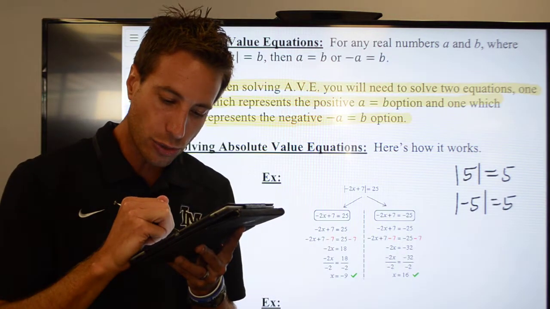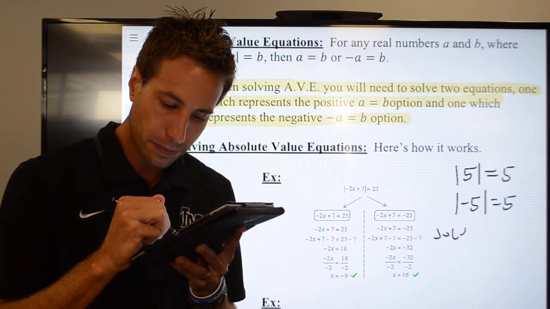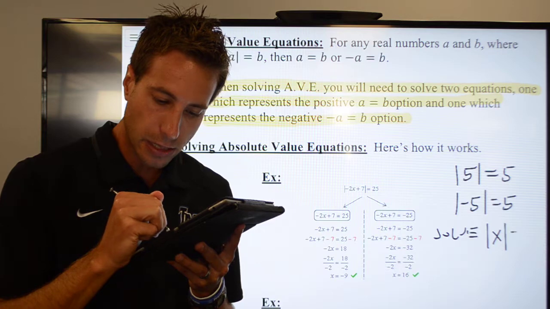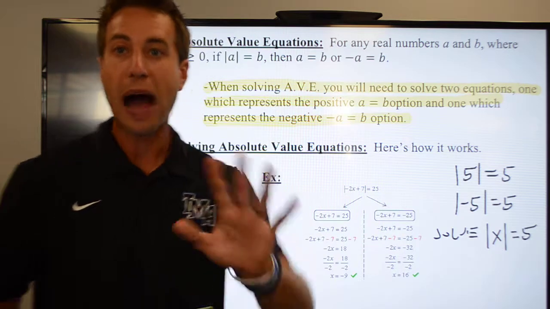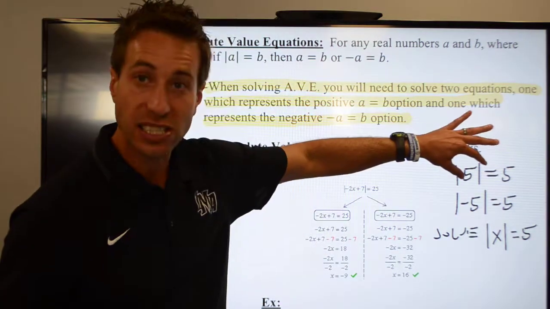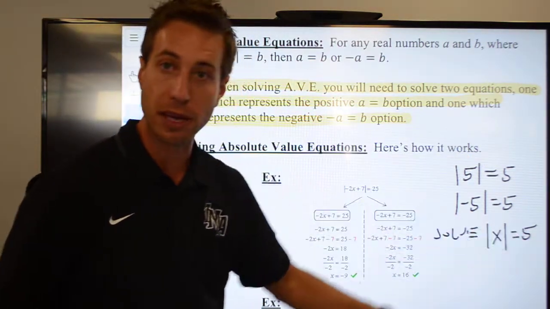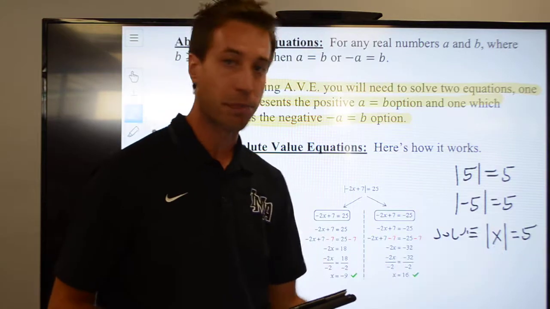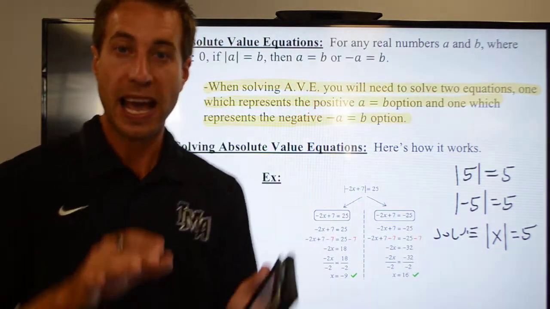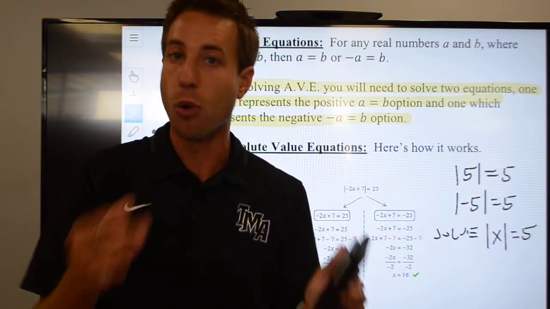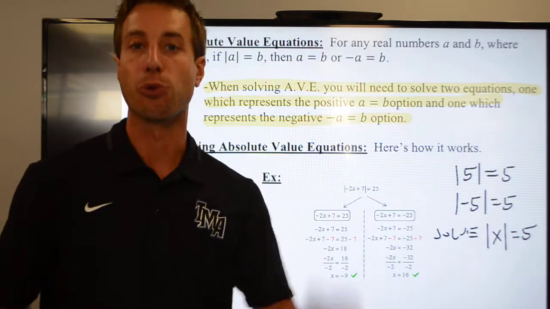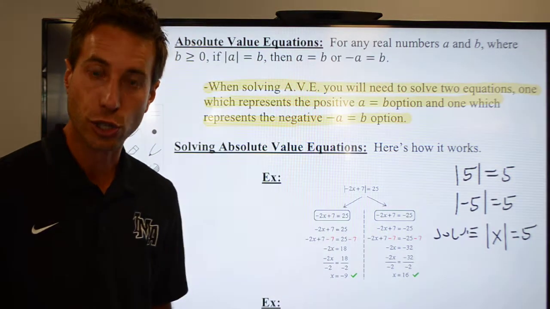If I ask you to solve the absolute value of x is equal to 5, well, how do you know which one I want? A positive 5, if I plug it in here, would get me a 5. And a negative 5, if I plug it in here, would also get me a 5. So how do you know which one I want? And I said, you don't. You don't know which one of those I'm looking for. So you need to find them both. That requires you to solve two equations.